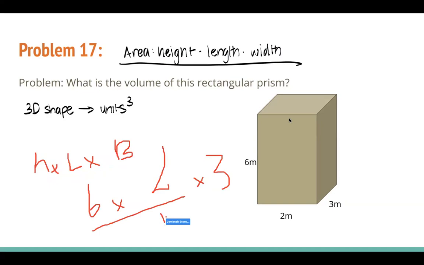Then if you multiply 12 times 3, you get 36. So basically, 36 is your answer.